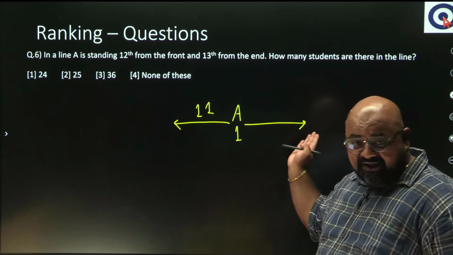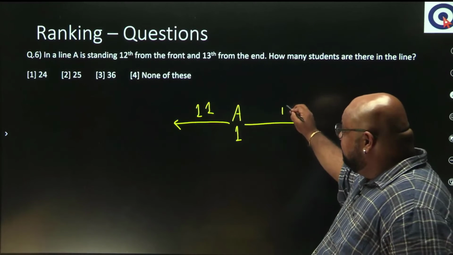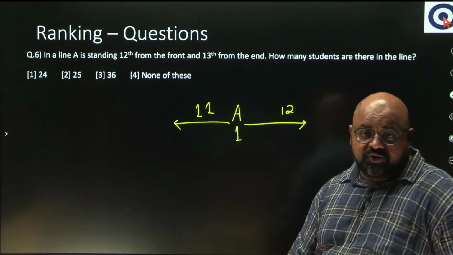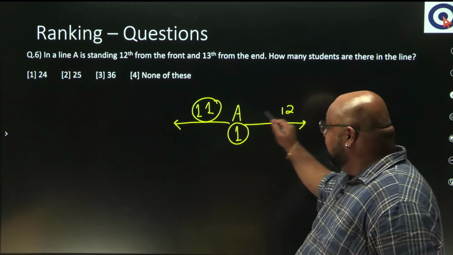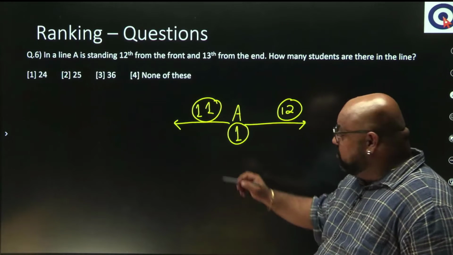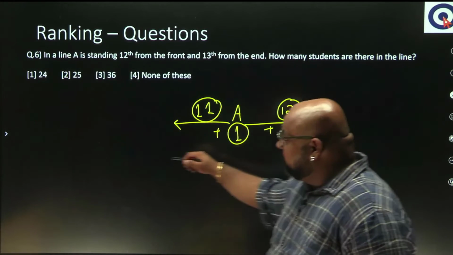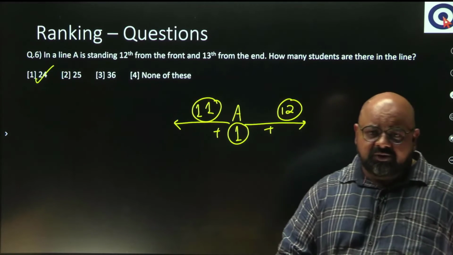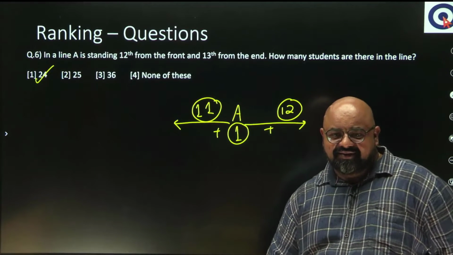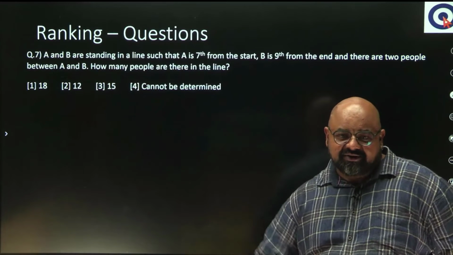If A is 13th from the end, there have to be 12 people here. So how many people in the line? 11 in front plus 1 A plus 12 behind A. So total of 11 plus 1 plus 12, which becomes 24. Straightforward question, not too much logic involved.